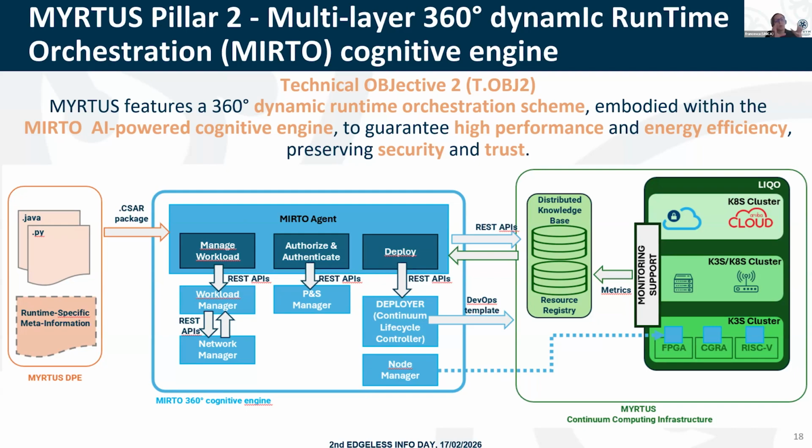MYRTO is used both at deployment time. In that case, it also leverages some information that comes from the MYRTUS design and programming environment and combines that information with what is stored in the distributed knowledge base resource registry, but also at runtime.